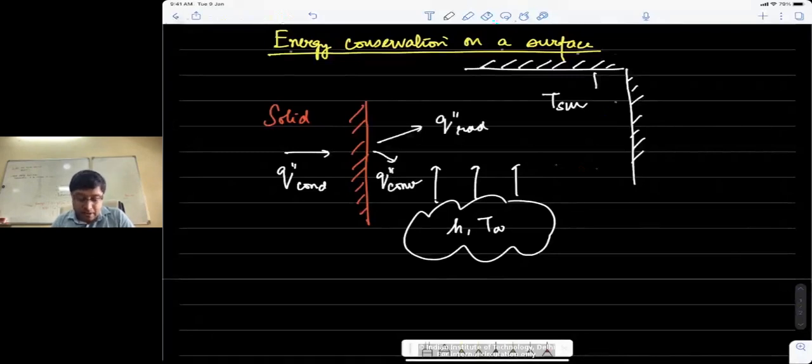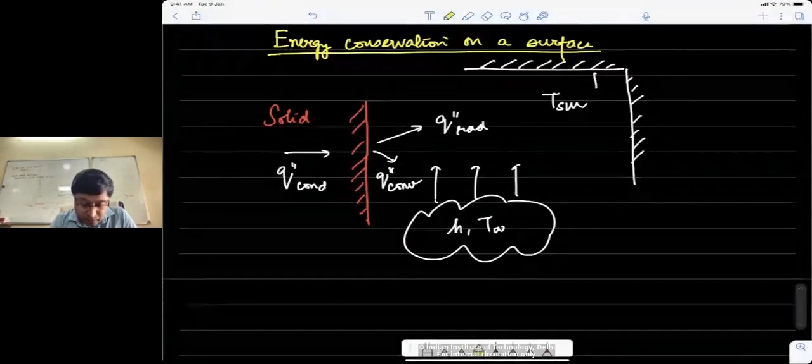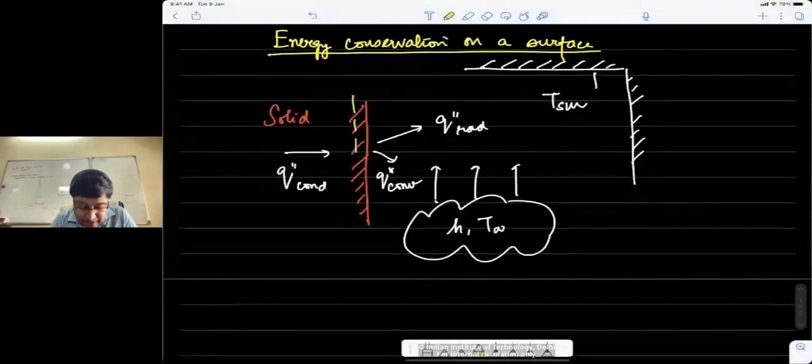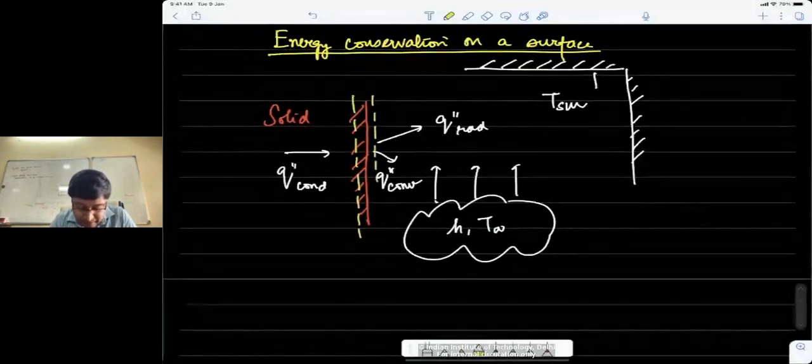So we will apply an energy balance at the interface of the solid and the surroundings, or the fluid. What we'll do is, we'll have a control volume which has an infinitesimal thickness.